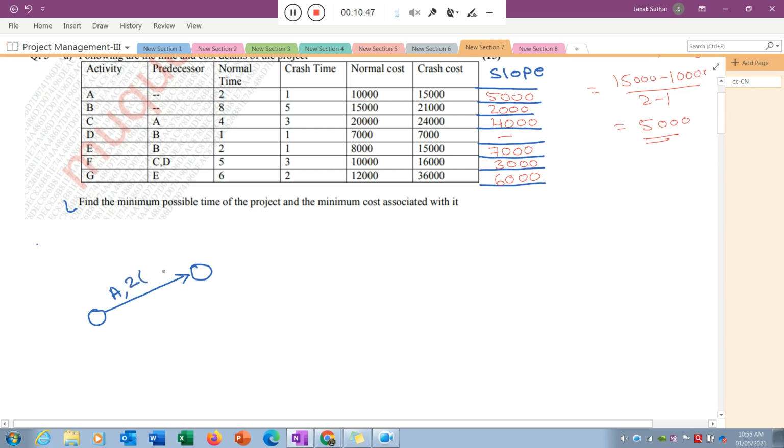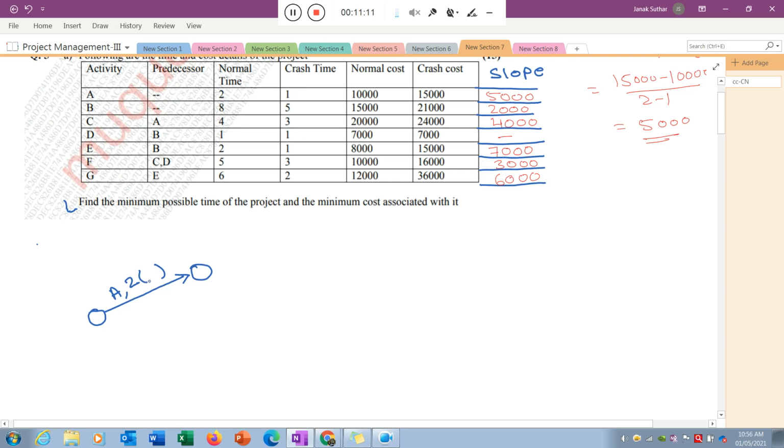Next, in the bracket you need to write how much I can reduce this particular time, the reduction feasibility available in activity A. Here the normal time is 2 and the crash time is 1. How much can I reduce? That is the normal time minus the crash time, so 2 minus 1 is equal to 1. I can reduce this activity by 1 week.